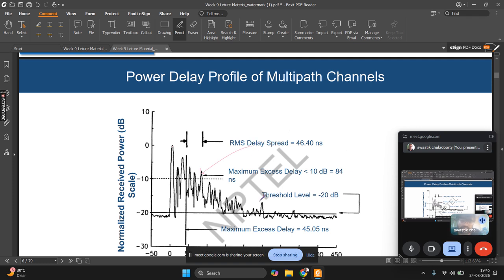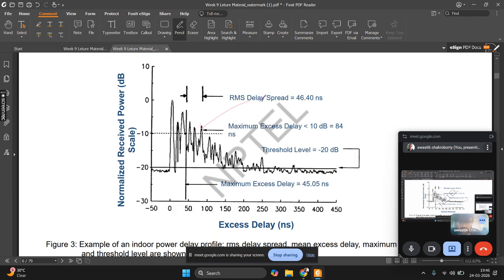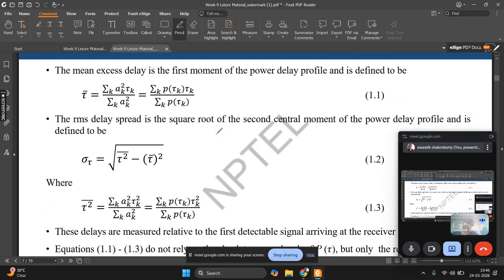This lobe is the last instance of the power crossing 10. So the maximum excess delay, if you define 10 dB as your threshold, is 84 nanoseconds. Okay, so that is how you define excess delay.